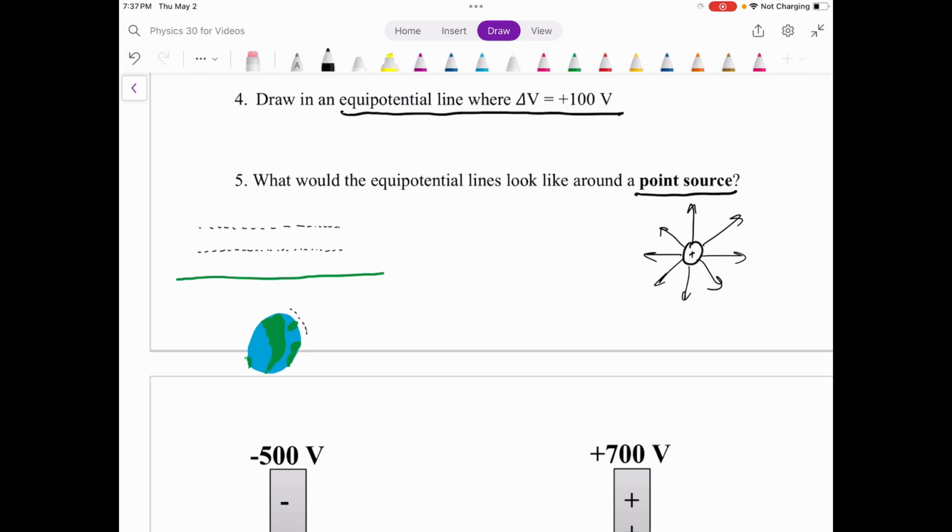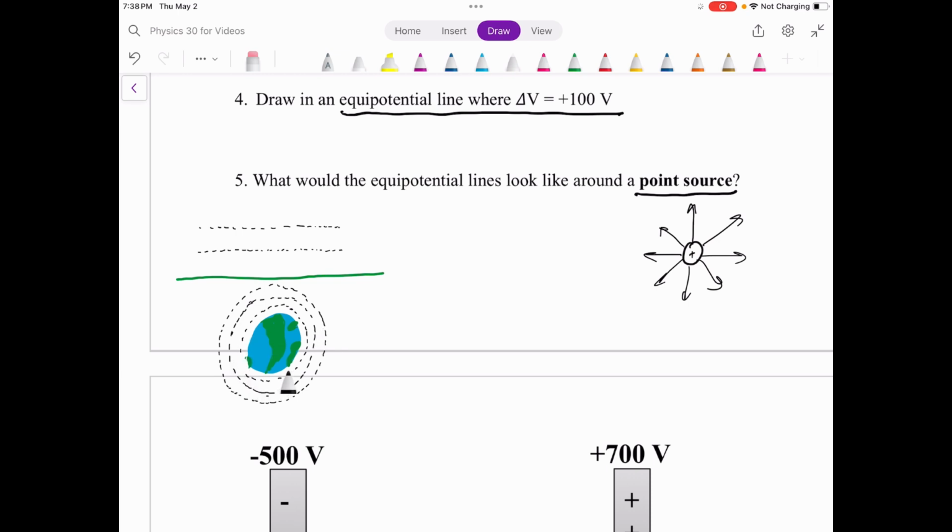So the equipotential lines in terms of gravitational potential energy would look something like that around the Earth, right? A ball would have the same gravitational potential energy here as it would here, or here, or here, or here. So there are some equipotential lines around the Earth in terms of gravitational potential energy.